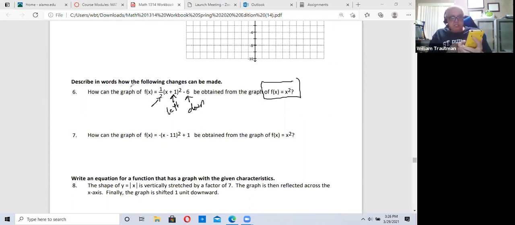Give me a second. I'm going to put my graph in here. I think I'm going to try to show you this. I like to show these.